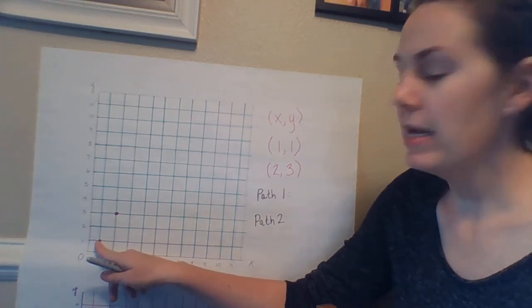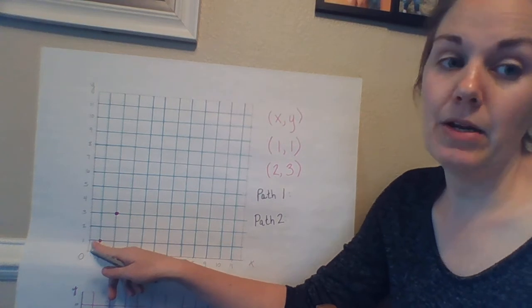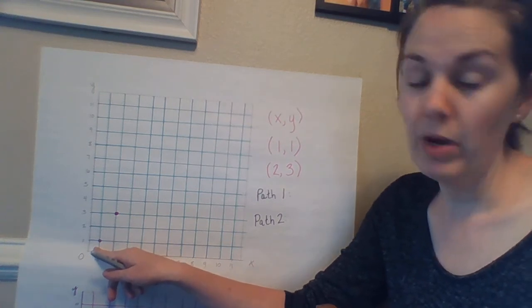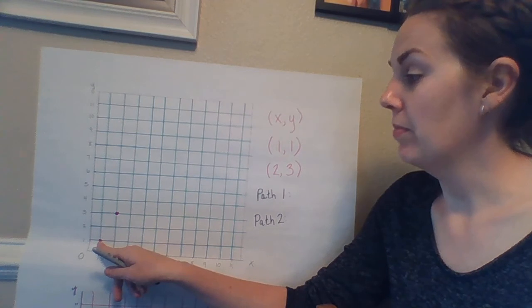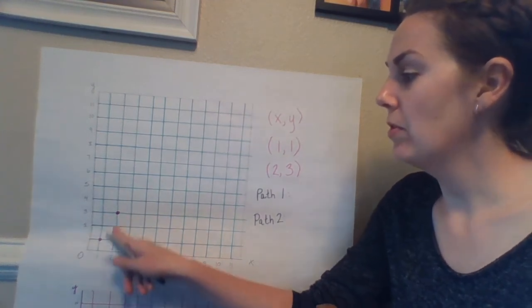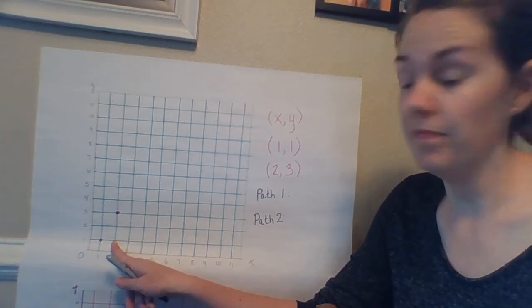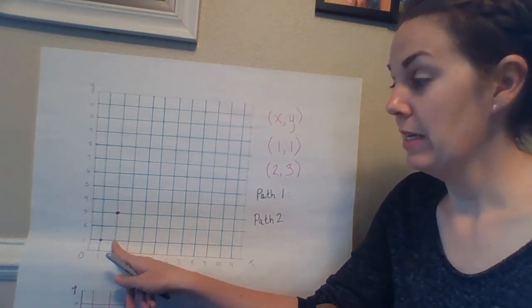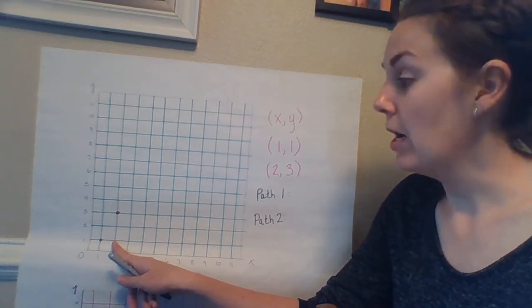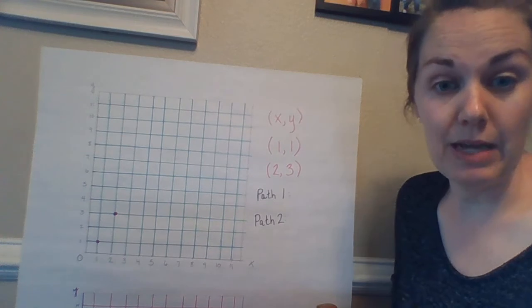So let's first figure out how many over we would need to go to get from the first point to the second point. If I went over 1, we'll notice that I'm now in line with the next point. And so then I would travel up 1, 2 points to get to that second point.